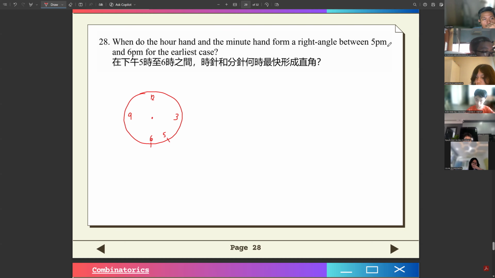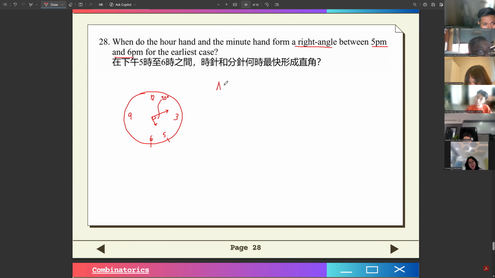So if it's in between 5 p.m. and 6 p.m., your hour hand would be somewhere right here. And then if it forms a right angle, your minute hand would be like this. No? So this is 90 degrees. Okay? So that's how we illustrate.